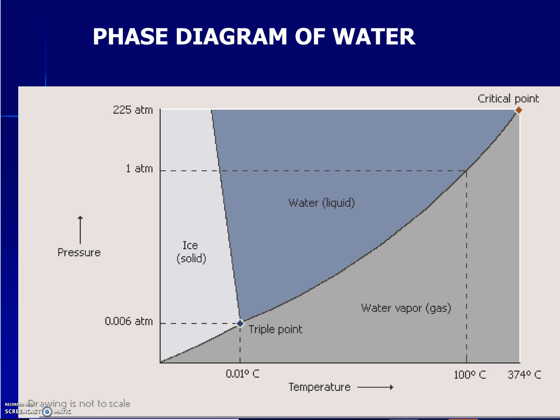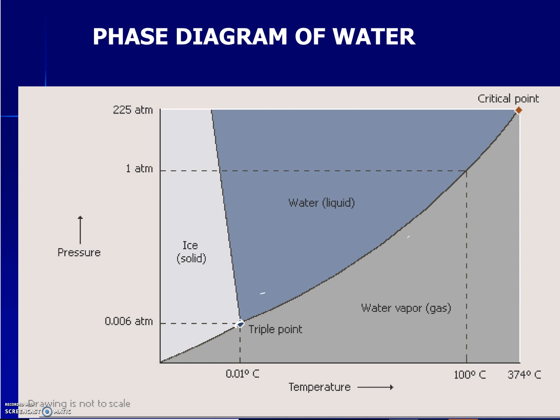So at 100 degrees Celsius and 1 atm, which is just standard air pressure at sea level, you will see that we get this line from the gas to the liquid. At 0 degrees, you can also see that we get the solid to a liquid, so freezing and melting in equilibrium.